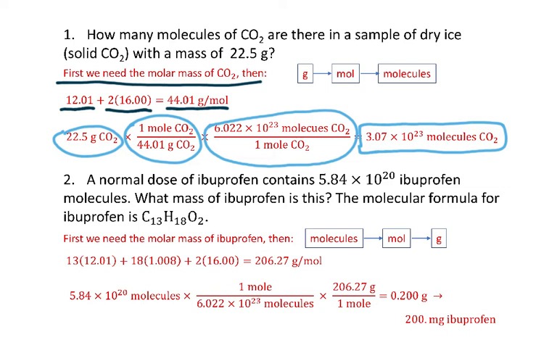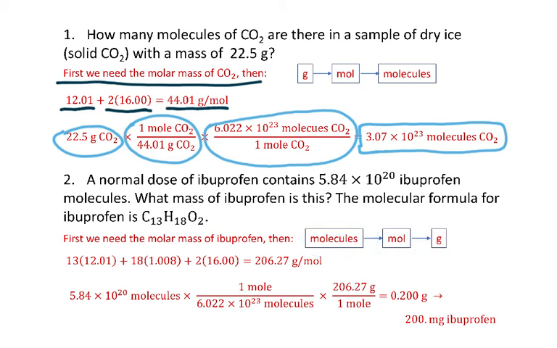In question 2, a normal dose of ibuprofen contains 5.84 times 10 to the 20 ibuprofen molecules. What mass of ibuprofen is this? And the molecular formula is given as C13H18O2. So once again, first we need to find the molar mass, then we'll do the reverse, go from molecules to moles, then to mass in grams.